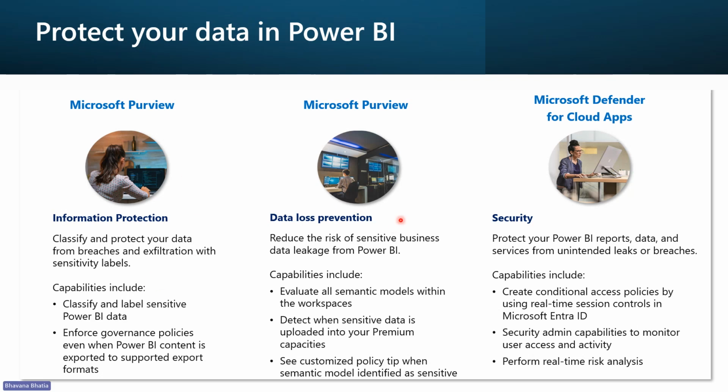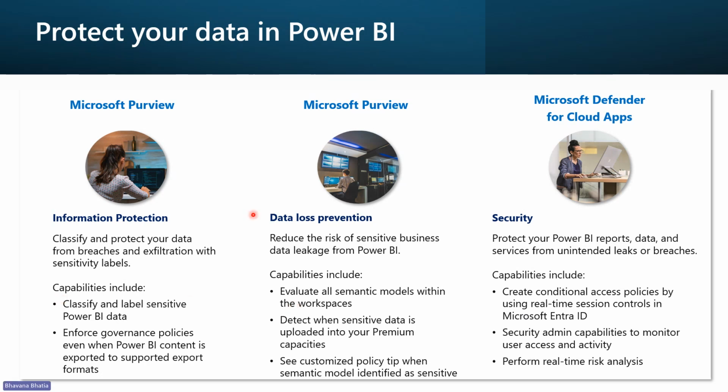Now, here are the three key components of Power BI data protection and security. We have Microsoft Purview's information protection capabilities, which include classifying, labeling, and protecting your organizational data, including the sensitive Power BI data, no matter where it lives or travels.